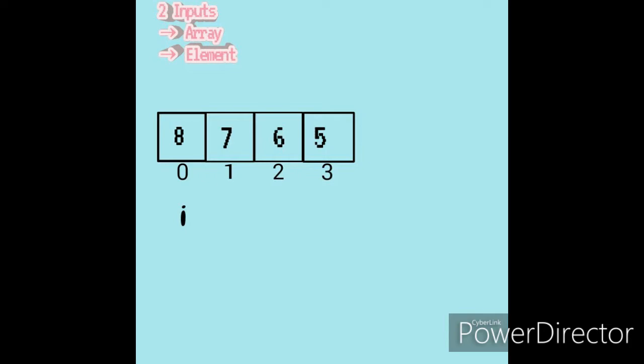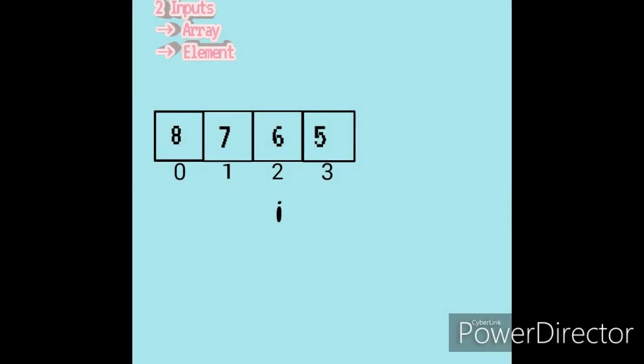At the moment, x is 6 and array of i is equal to 8, and so it is not equal in that case. We will go to the next element, that is, we will increment i by 1. Now, again, we will check if array of i is equal to x. 7, is it equal to 6? This is false.